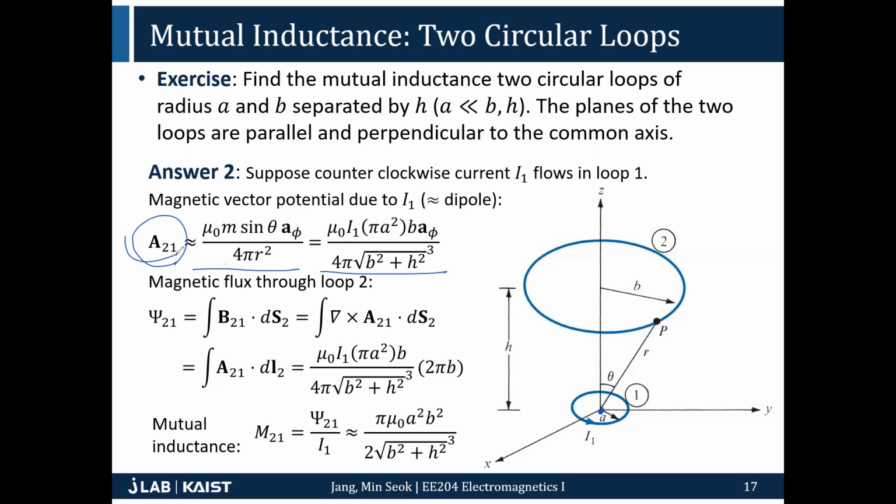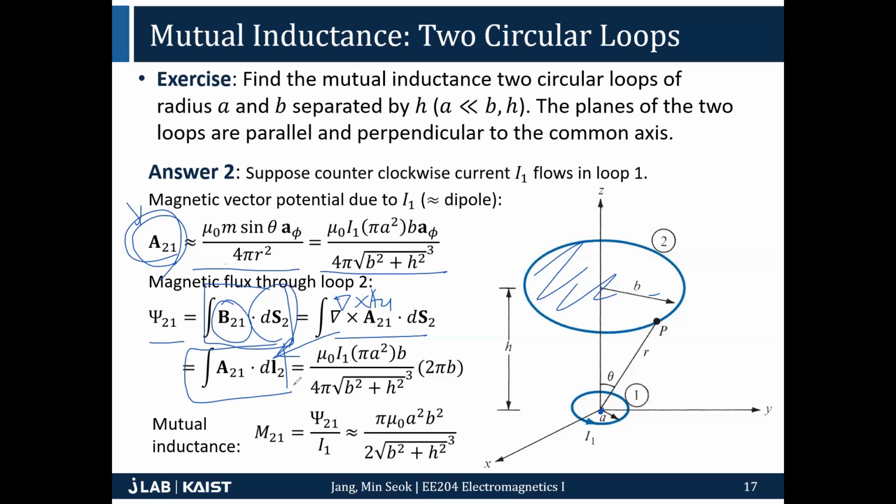So assuming that we have the dipolar vector potential, think about this integration of B21. So the B field here, and then take the integration over S2. Because B21 is the curl of A21, by using Stokes' theorem, you can make this into a line integration, right?